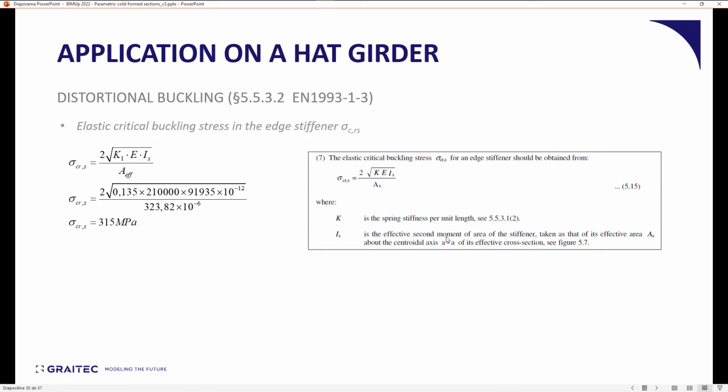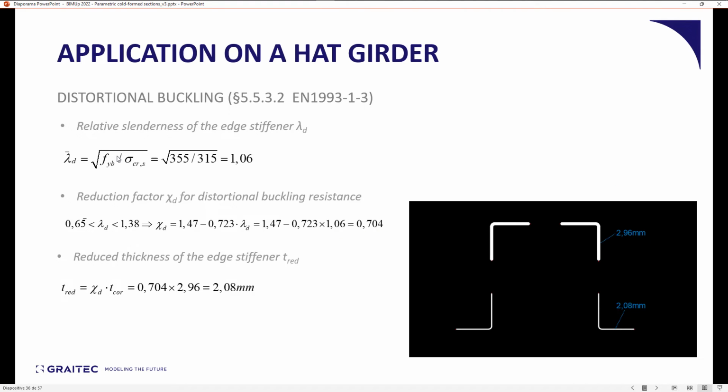And with all these intermediate values, the stiffness of the fictive spring, the inertia of the edge stiffener, and the effective cross-sectional area, you can compute the elastic critical buckling stress in the edge stiffener, which in turn lets you find the relative slenderness of the stiffener, which will give you the reduction factor to apply on the initial thickness to get the reduced thickness.